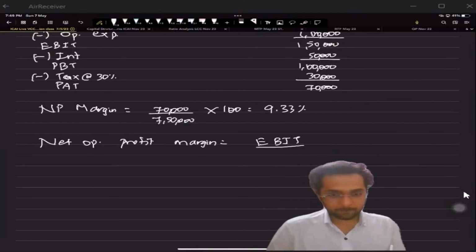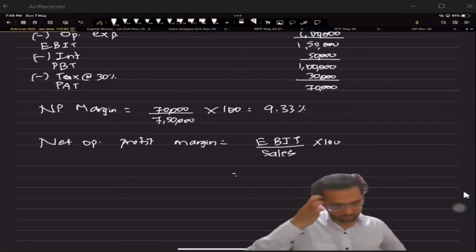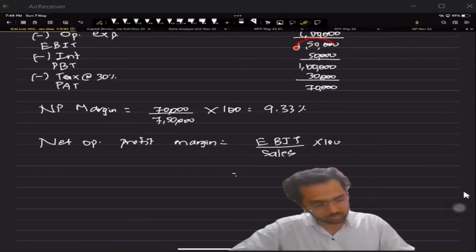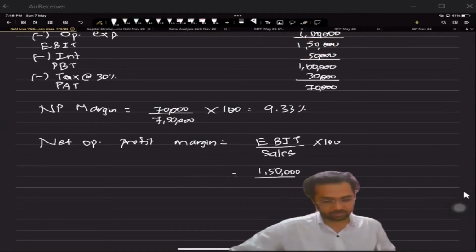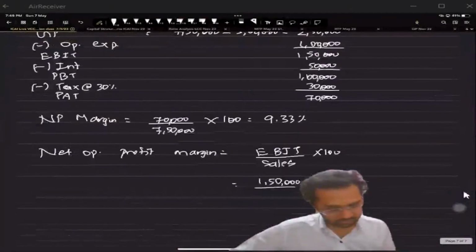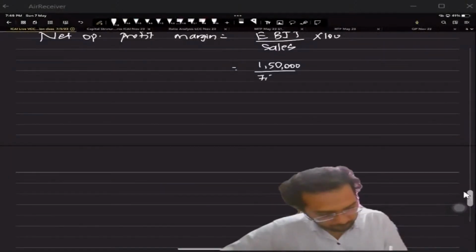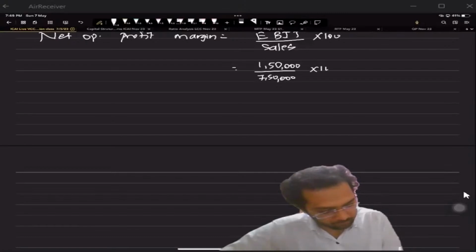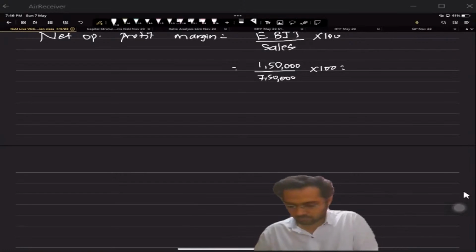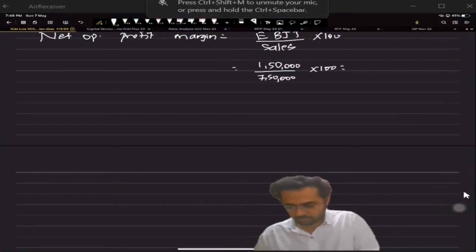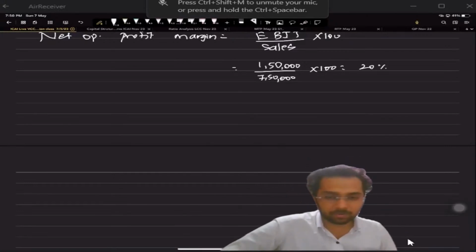So EBIT upon sales into 100. EBIT is 1,50,000 divided by sales of 7,50,000 into 100, which is 20% net operating profit margin.